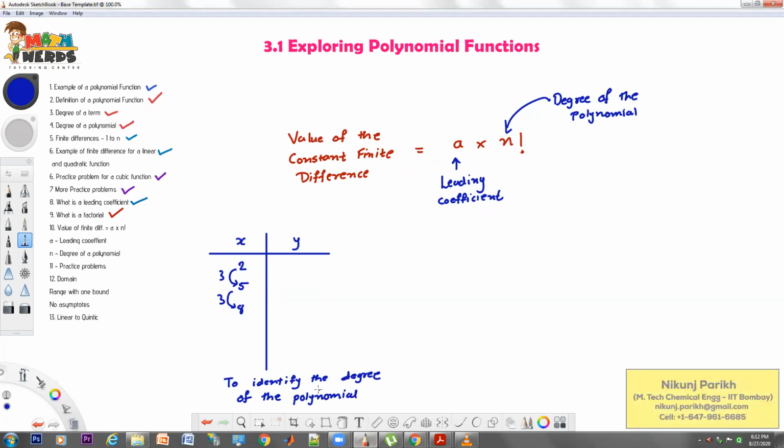To identify the degree of the polynomial, all you have to do is keep the difference between two consecutive x values the same, which is 3 in this case. It could be 5, it could be 7, it doesn't matter. You will still be able to identify the right degree of the polynomial. But if you want to use this formula, then the difference between consecutive x values must be 1.